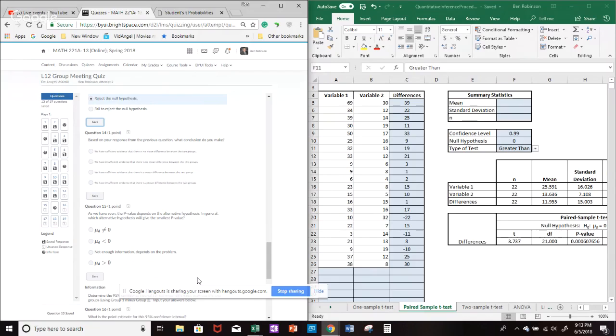Here I am a little confused because since we are rejecting the null hypothesis, I know we have sufficient evidence that there is a mean, but I don't know. Let me just check. I don't know which one of the two, the first one or the third one.